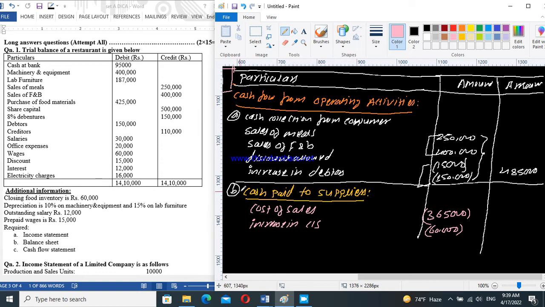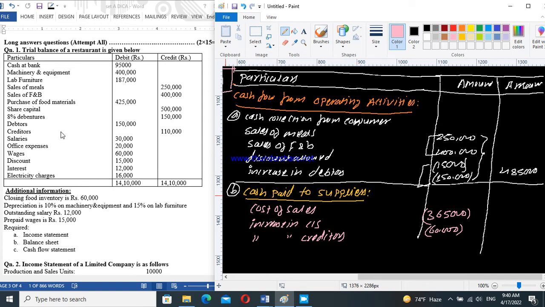I already told you that the information is net change and you assume all given data is in increasing format. Therefore, closing stock is increasing. And we have creditors, 1,10,000, increase in creditors.